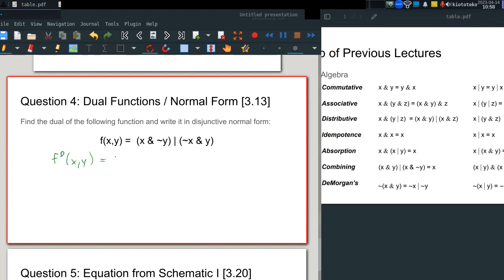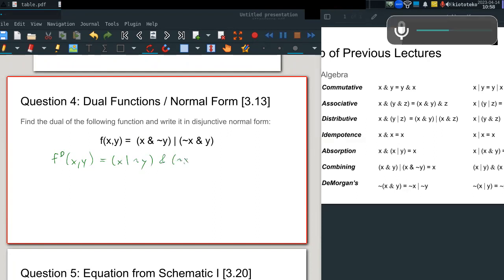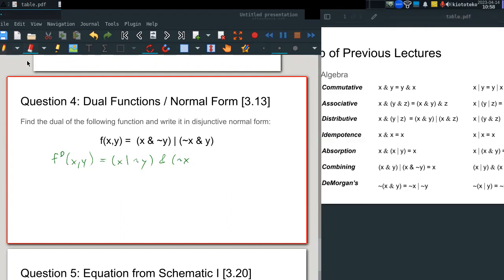and this is x or not y, and x or y. Okay, that's the dual, no?